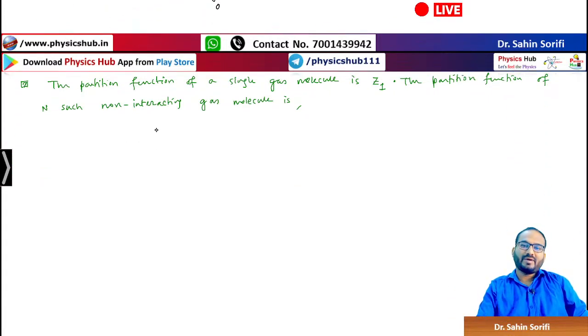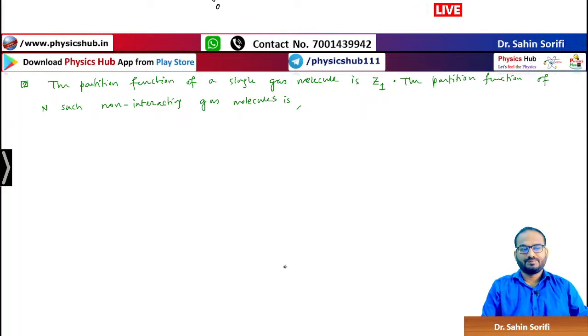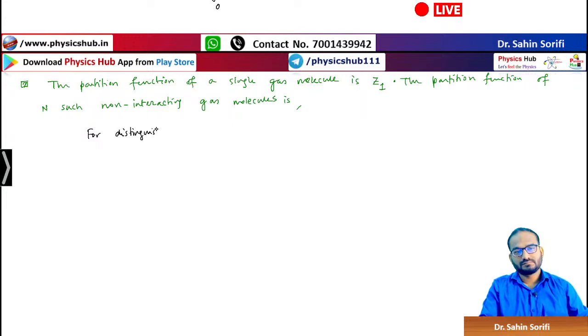Now, the non-interacting gas molecules may be distinguishable and there may be indistinguishable. If you consider distinguishable, for one particle the partition function is Z1, for n particles the partition function Zn will be Z1 to the power n.